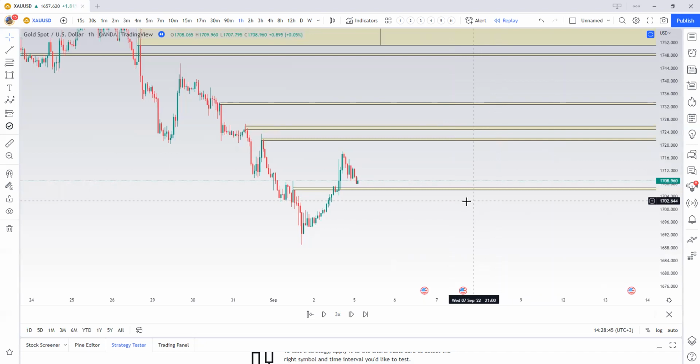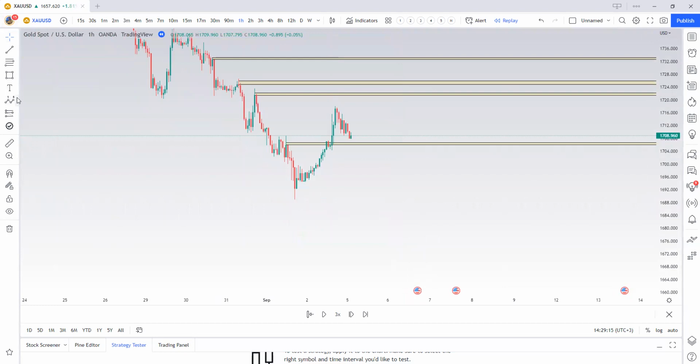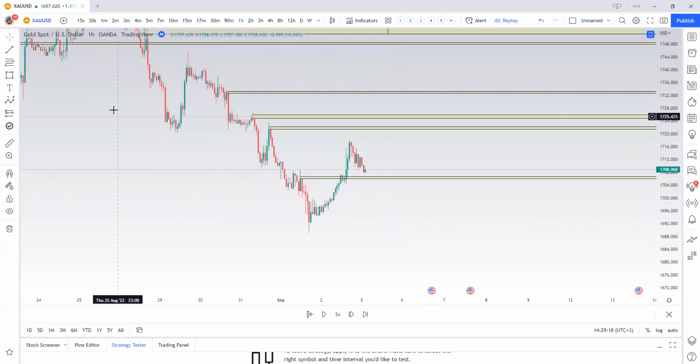Now, for us to have confirmations, there are different ways of making confirmations out of supply and demand levels. There are hundreds of ways to trade supply and demand levels, but one of the easiest and most accurate ways is to have the market not moving like this, because this is considered a huge retracement.